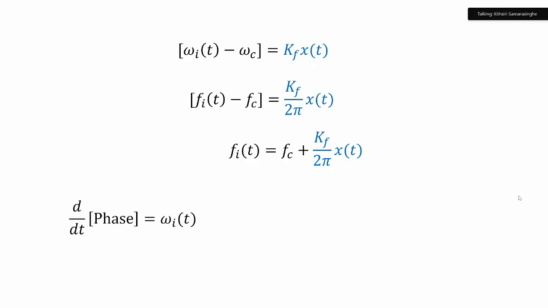But we know the rate of change of phase of a sinusoidal waveform is angular frequency by definition. Dividing that by 2π, it is the instantaneous frequency of the modulated signal. And for that instantaneous frequency of the modulated signal, you can substitute from this equation now.